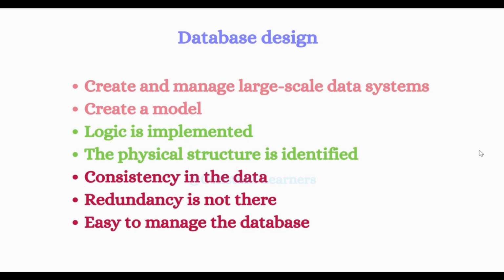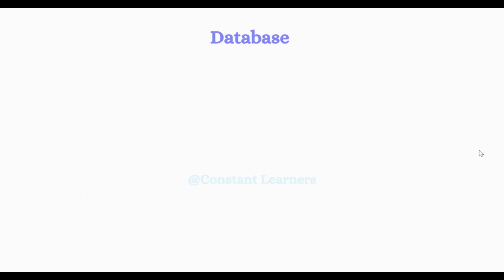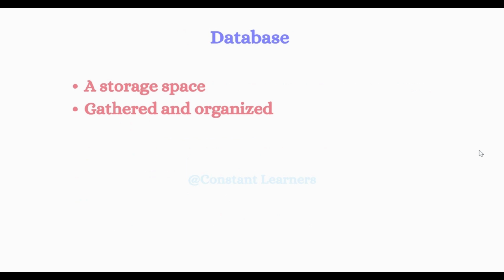Now, let's start by understanding the basics of what a database is. A database is like a storage space where different types of data are gathered and organized. We've already discussed a lot about databases. So in this video, we are going to focus more on how a database is supposed to be designed.